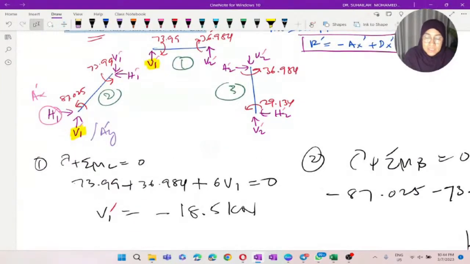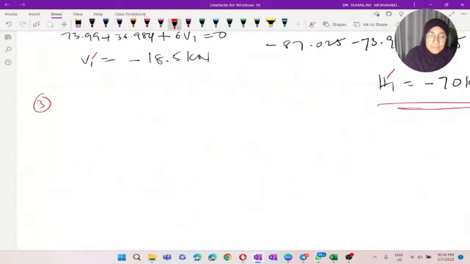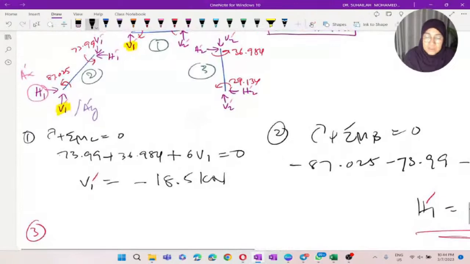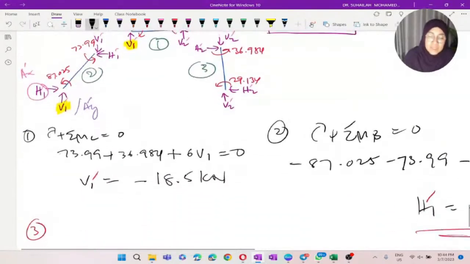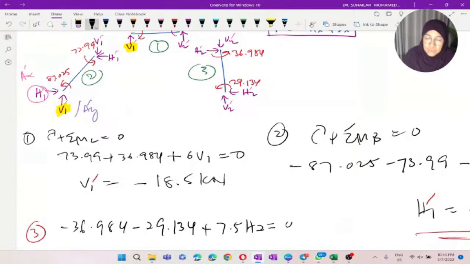Step number 3 here. So in step number 3, it is negative 36.984 minus 29.134 plus 7.5 H2 equal to 0.